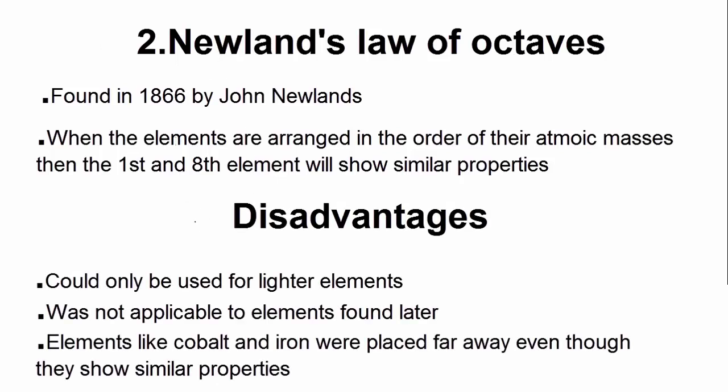Next, during Newlands' time, only 56 elements were known, so he had made this according to those 56 elements. And finally, he had to adjust two elements inside one slot. For example, you have cobalt and nickel, they come under Sa, or cesium and La, I forgot what that stands for, comes under Ma.